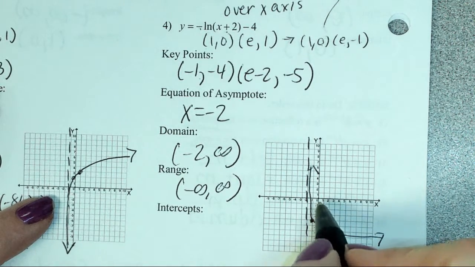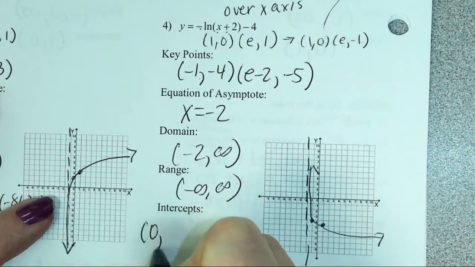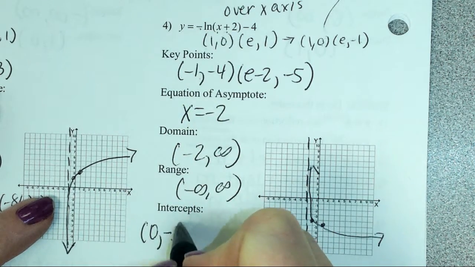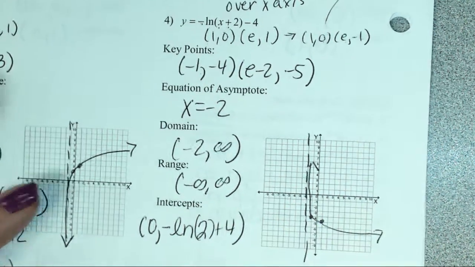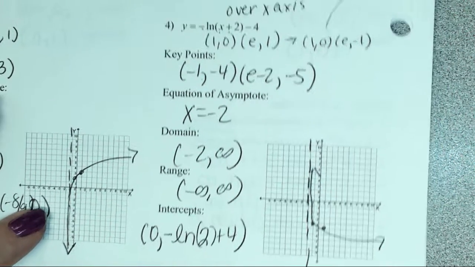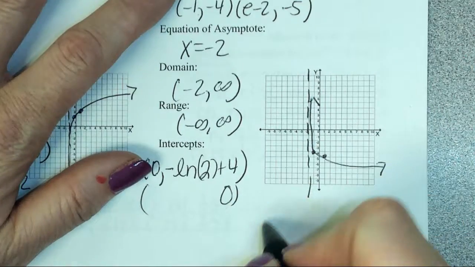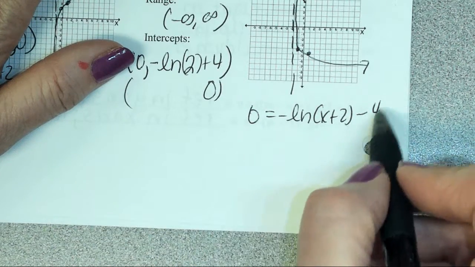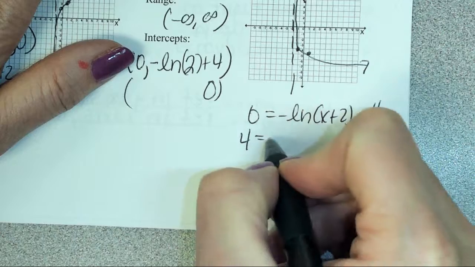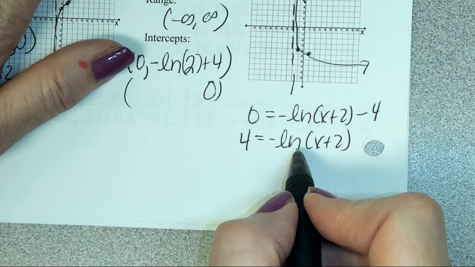And my intercepts, let's plug in 0 for x. If I plug in 0 for x, I'm going to get negative natural log of 2 plus 4. Everybody understand that? Just plugging in 0 for x. If I plug in 0 for y, a little bit tougher to solve. Plugging in 0 for y, I'm going to bring this over here. What's our base again? e.